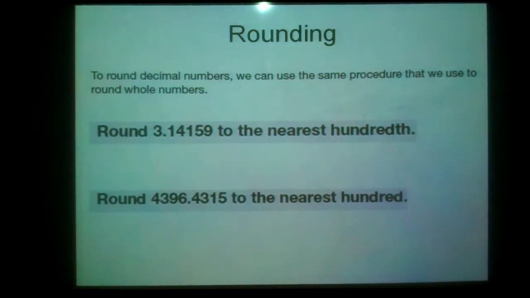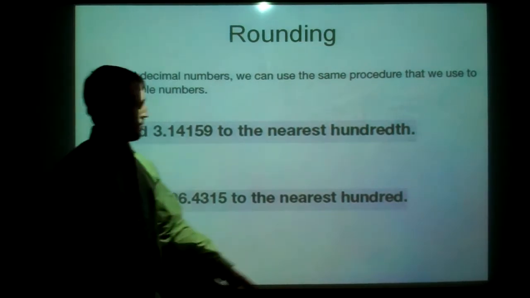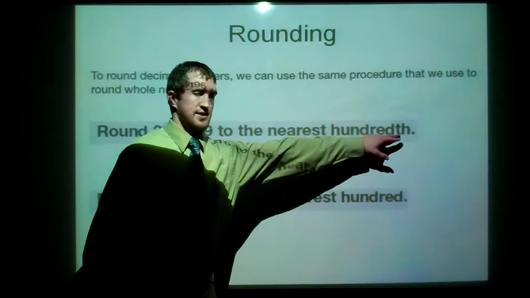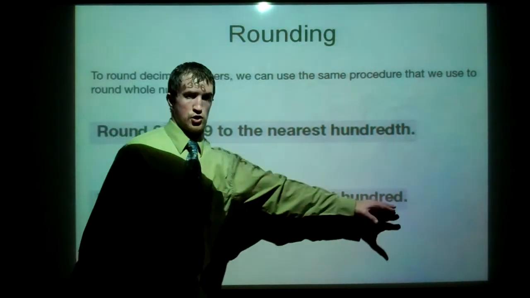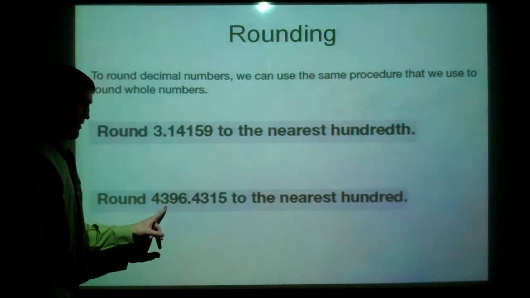Alright, let's take a look at this one. Round 4,396.4315 to the nearest hundred. Alright, big difference between these two. This has the TH, that was hundredths. This one's just hundred. So we're looking at on this side of the decimal.